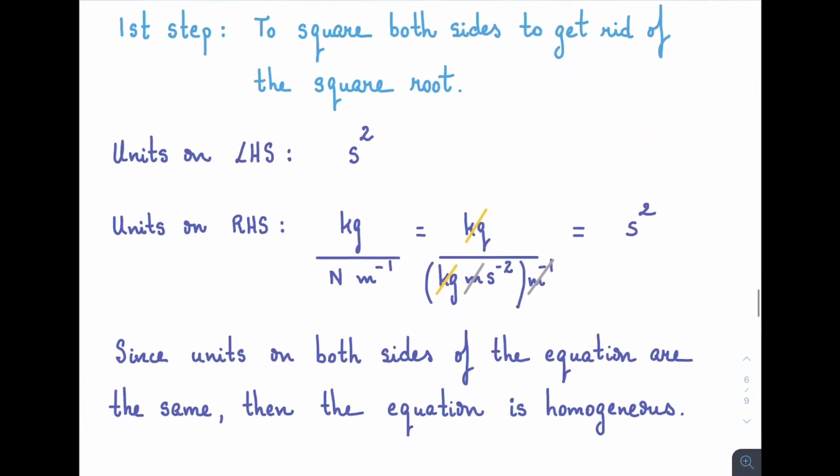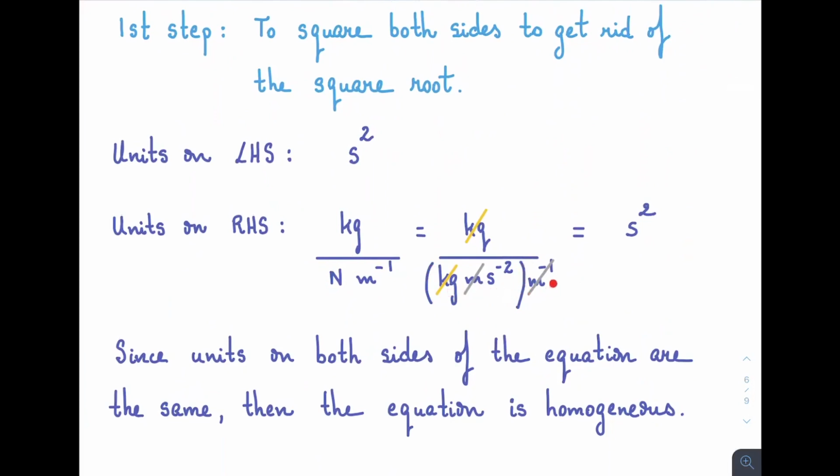Now, it is important to convert newtons into base units. We've already seen that these correspond to kilograms meter per second squared. Remember, F equals ma, mass times acceleration. So these are the base units for newton.